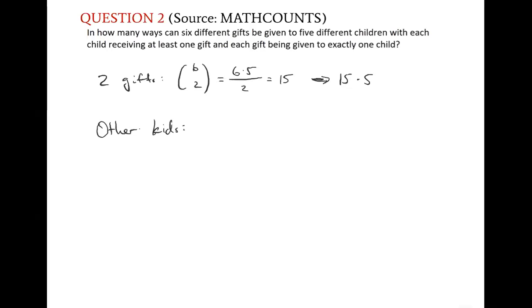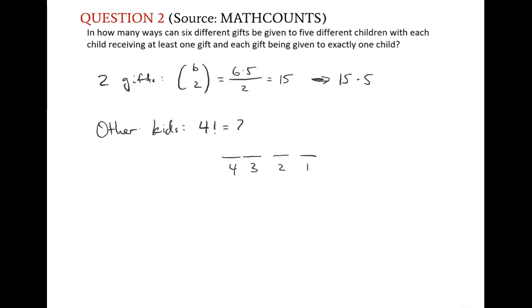they will only get 1 gift each, and to assign all of those remaining gifts among the children, we'll do 4 factorial, because one kid has 4 choices, the next has 3, the next has 2, and the last one only has 1 choice.